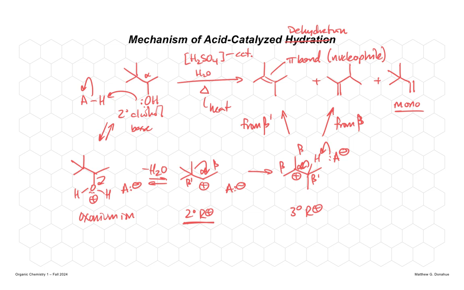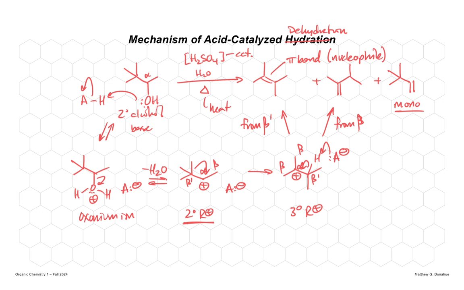Now, the issue that we'll have, you have two carbons of an alkene. And so we're going to look at different types of electrophiles.